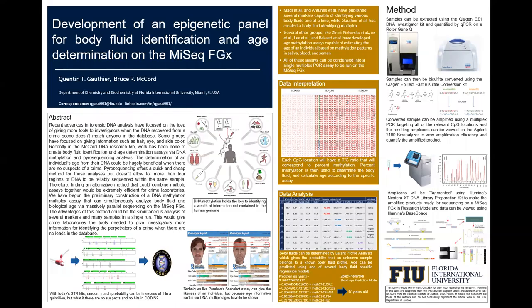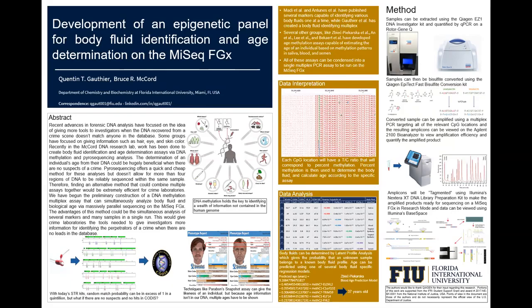My name is Quentin Gautier. I am a PhD candidate working for Dr. Bruce McCord at Florida International University. My research is primarily focused on the use of DNA methylation patterns for the determination of body fluids that a DNA sample came from, as well as predicting age of an individual based off of their DNA, specifically DNA methylation patterns.